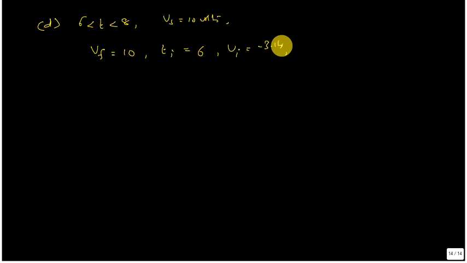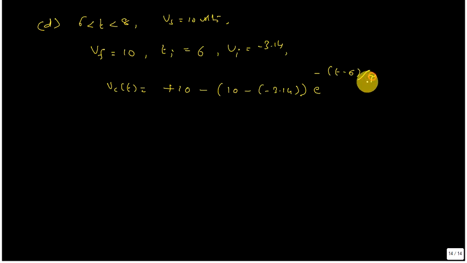Now Vc(t) can be calculated as Vf plus (10 minus of minus 3.14) into e power minus (t minus 6) divided by tau.